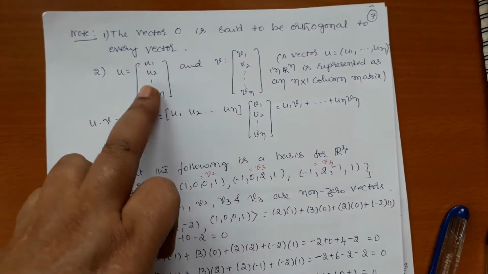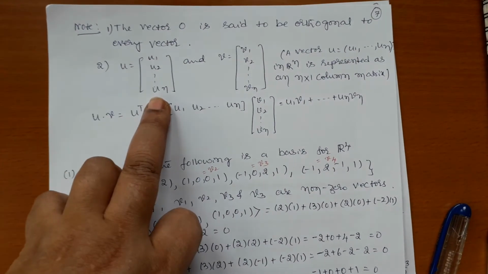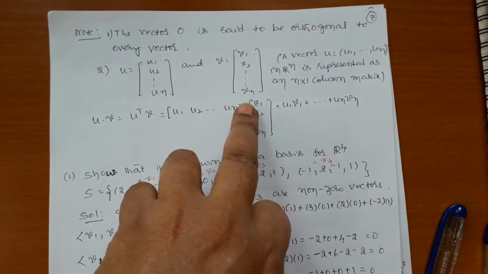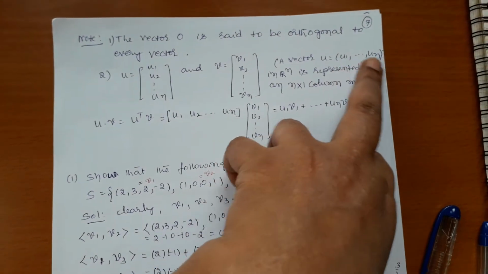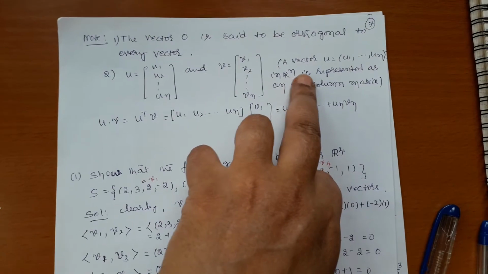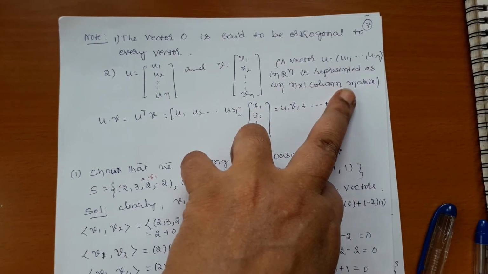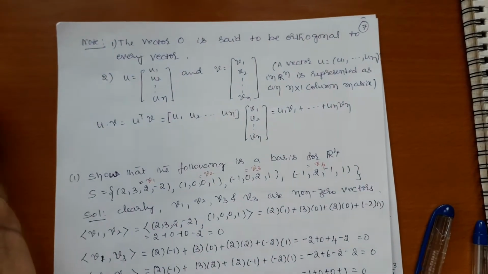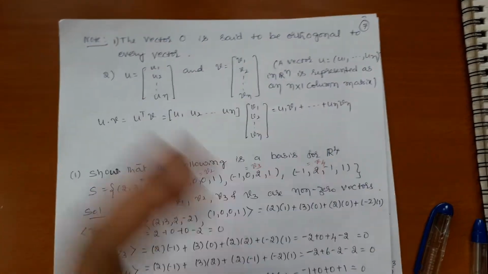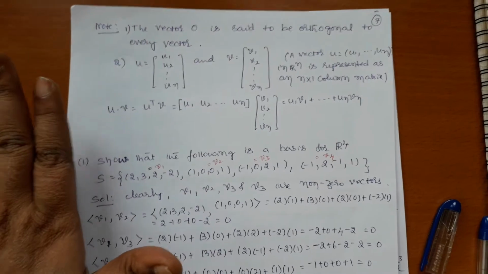Next, U is a vector having n components, but they take it as a column, and V is having n components. A vector U1, U2, up to Un in R power of n is represented as an n cross 1 column matrix. Instead of that, we consider row form, but here they consider column.